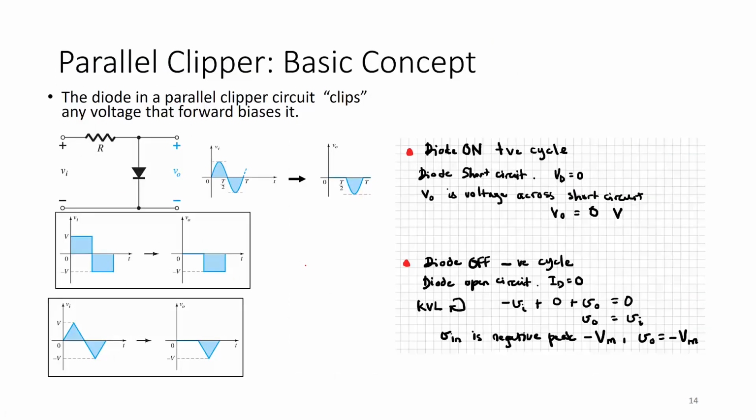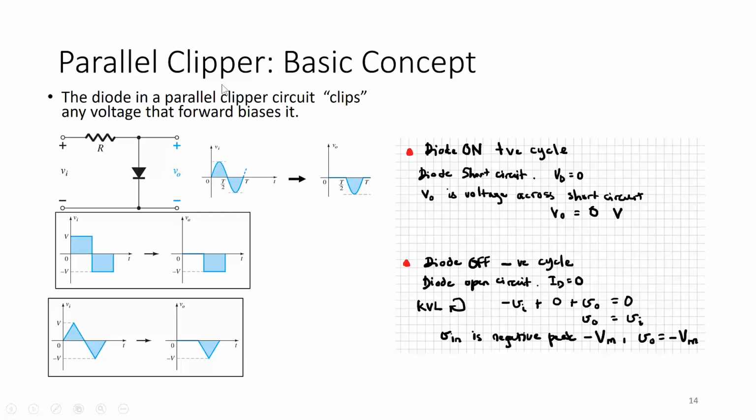So now what happens if we have the diode, instead of the diode negative terminal connected in series with the point where the V out terminal is, in parallel to the points that we want to calculate V out?